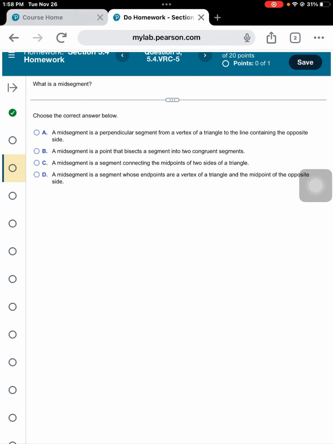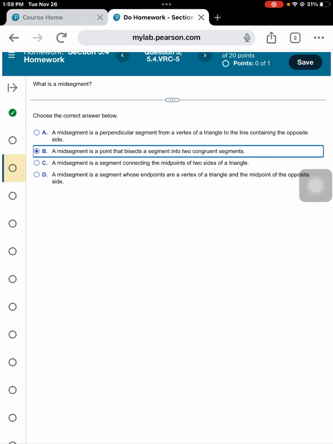So what is a midsegment? We just talked about it: a midsegment is a segment whose endpoints are the midpoints of two sides of the triangle. A midsegment is a perpendicular segment from a vertex of a triangle to the line containing the opposite side? No. What they just described is an altitude.